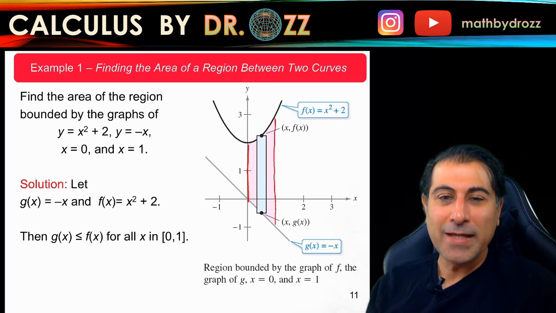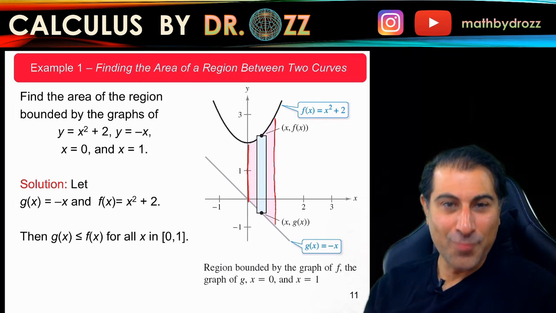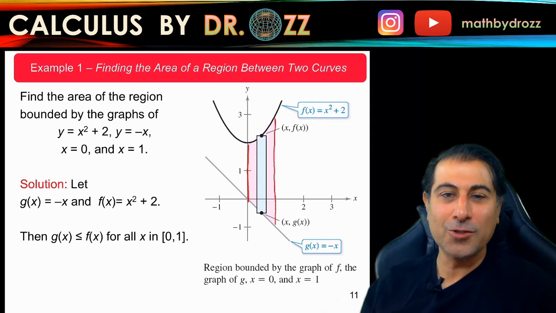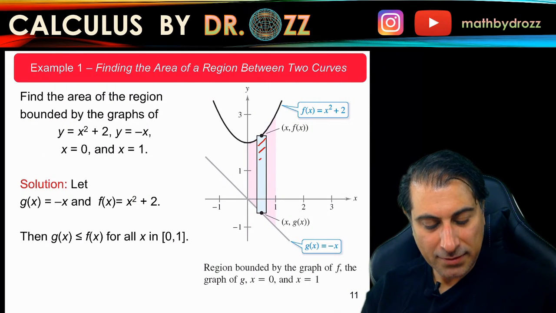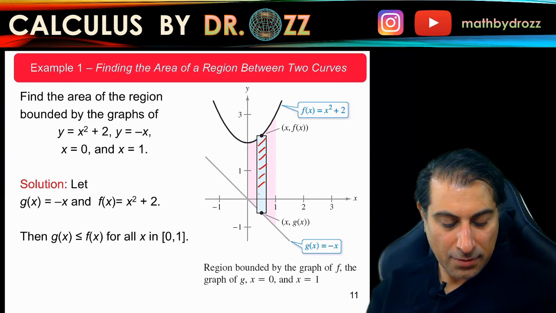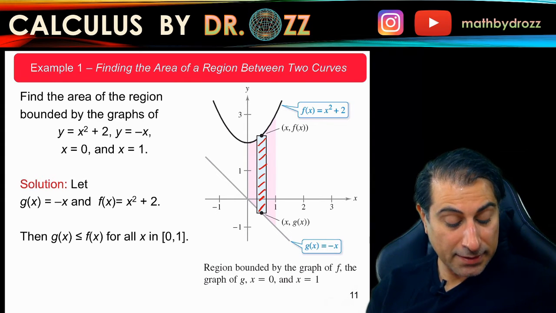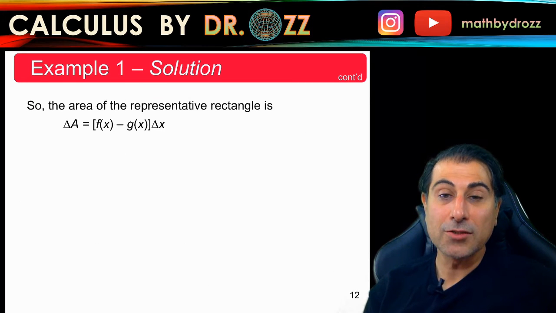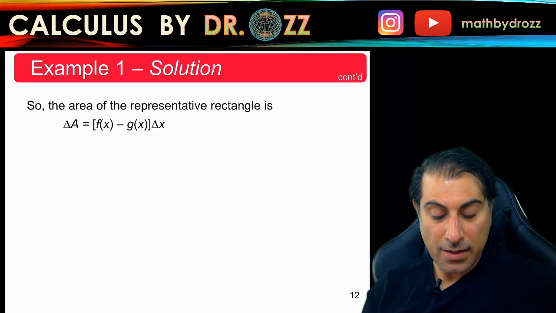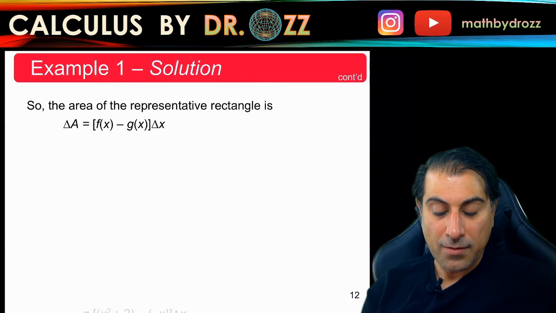So what we're going to do next is to use the formula we have just derived. All right, so let's consider this representative rectangle coming with thickness delta x and height f of x minus g of x. Here we go. And what is f of x?